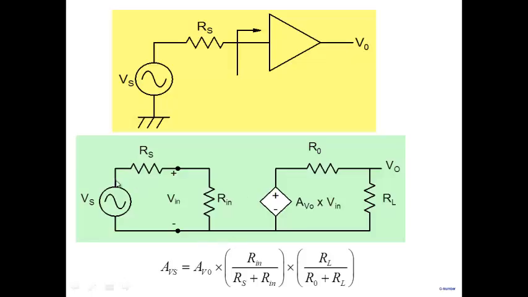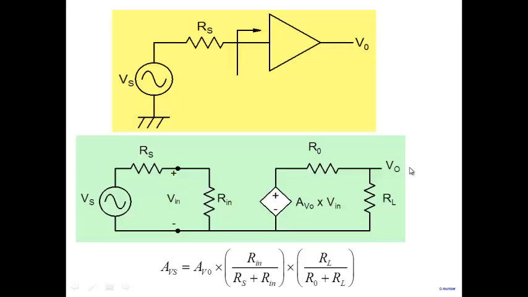And so we can clearly see that if Rin is small, then because there's a voltage division here, what really gets amplified is not Vs. What really gets amplified is Vin, the voltage that appears at the input of the amplifier. So if Rin is small, because of this voltage division, a smaller fraction of Vs appears at Vin, and obviously the overall gain would be smaller.